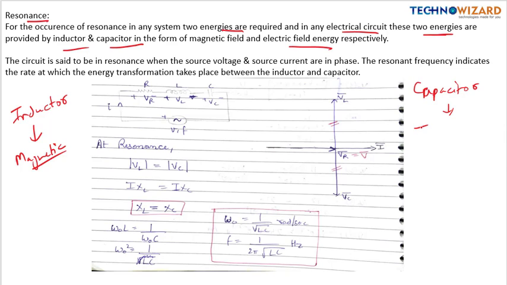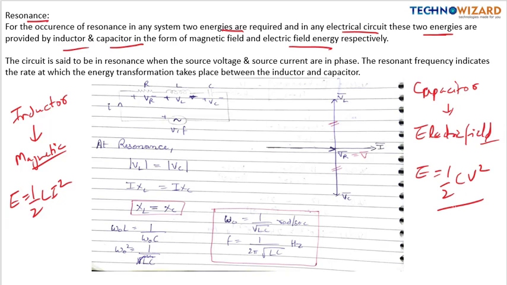If I say what is the formula for energy due to inductor, then energy due to inductor is 1/2 Li square, but energy due to capacitor is 1/2 CV square. Please remember these formulas.